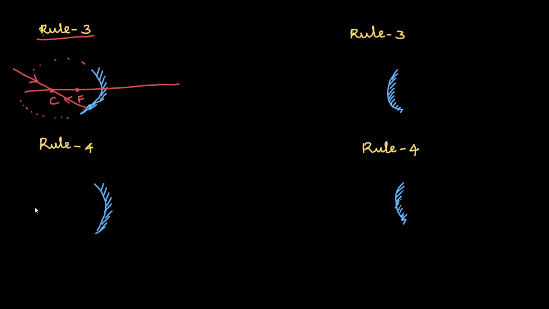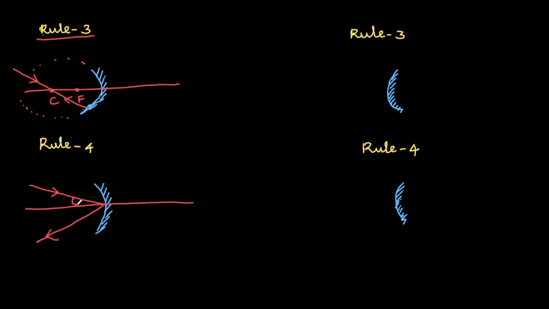Fourth rule: this is the principal axis. If the light falls slantingly or obliquely on the pole, it will be reflected back.